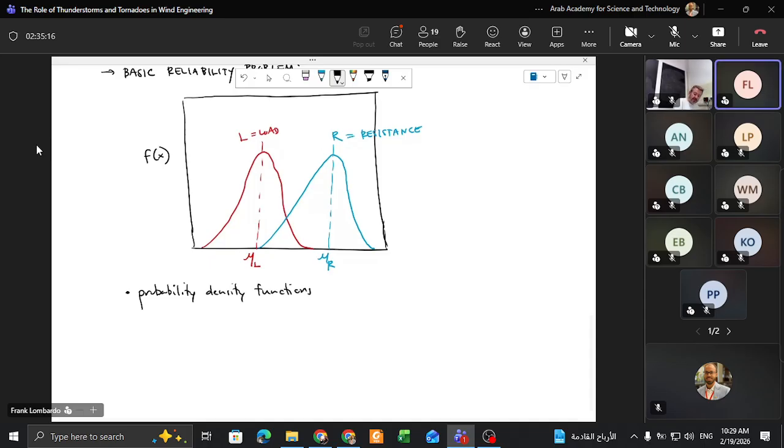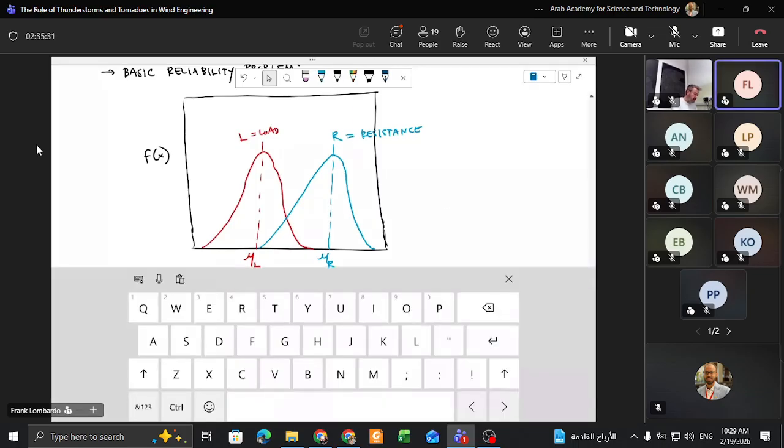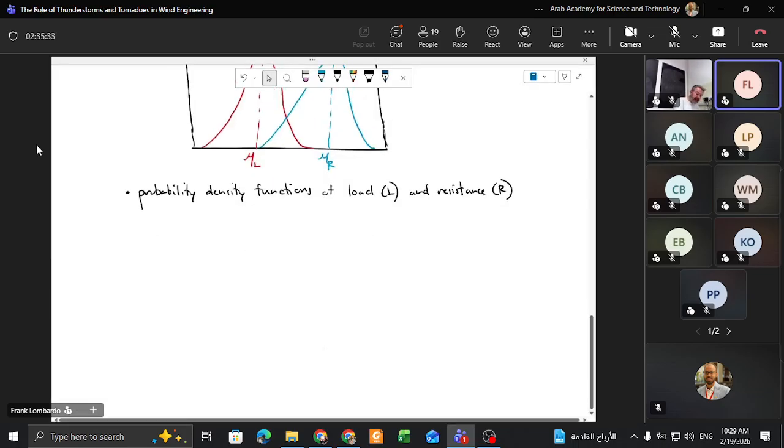These are probability density functions of load, which we're calling L, and resistance, which we're calling R. Reliability focuses a lot of times on things like the probability of failure.